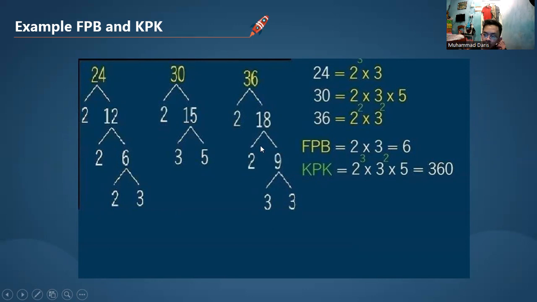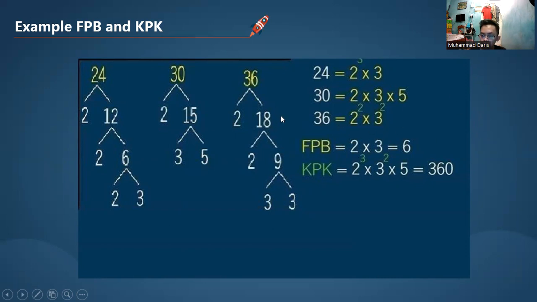Okay. Not factorial, but this is the factors. The factors of 24 are 2 times 2 times 2 times 3, and 30 is 2 times 3 times 5, like this. And 36 is 2 squared times 3 squared.